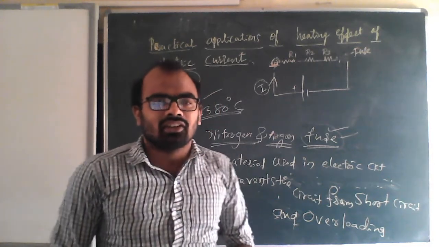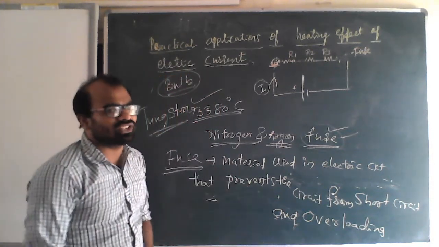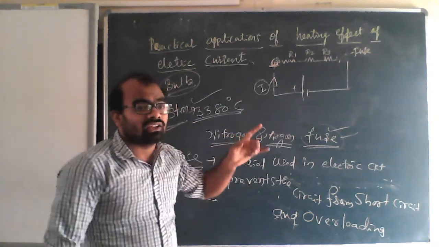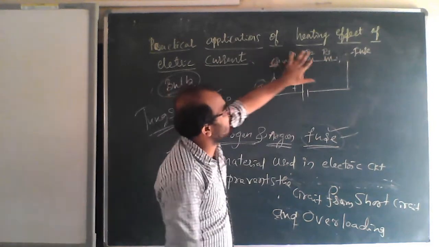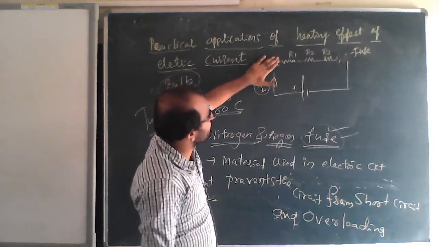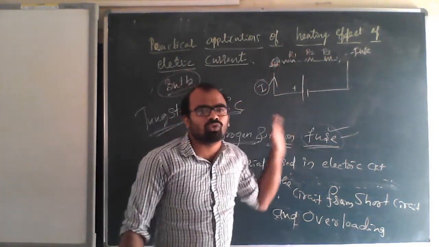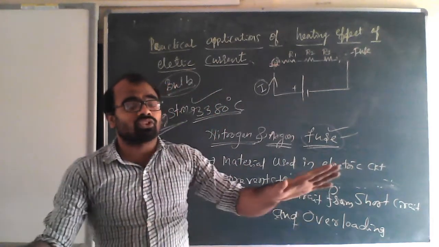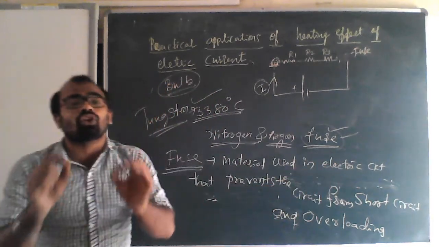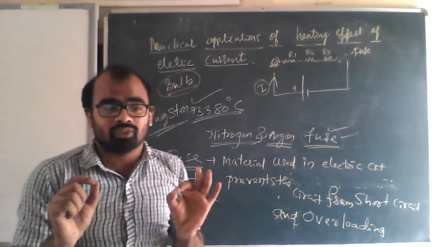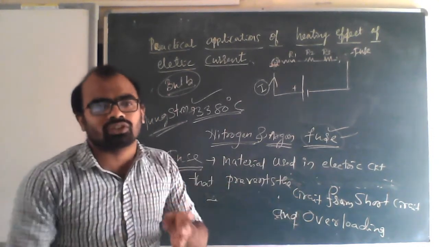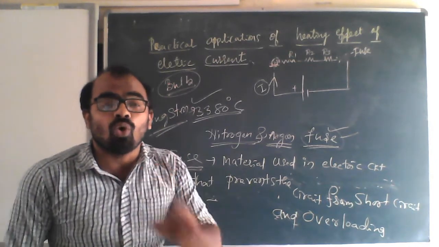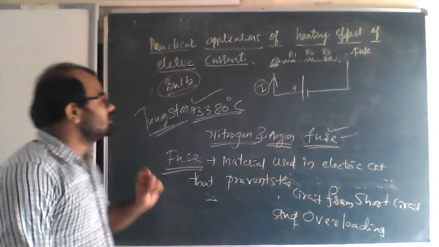But if it is connected in series, when it melts, the current will not flow at all through R1, R2 and R3. See here, they are all in series. If it melts here, then there is no path for the flow of current. When there is no flow in the circuit, there will not be any short circuit or overloading.